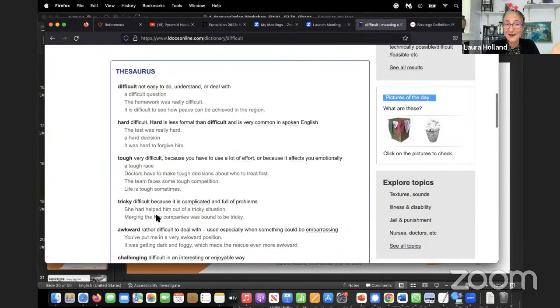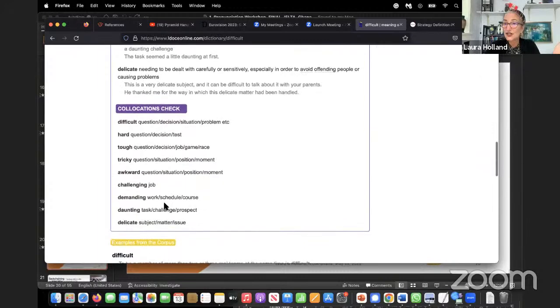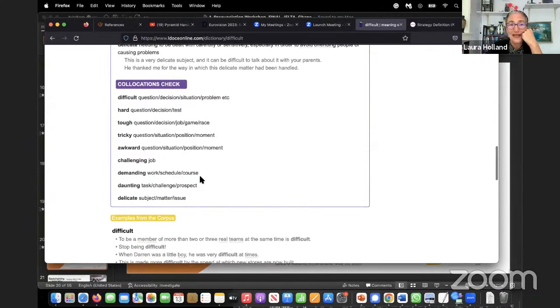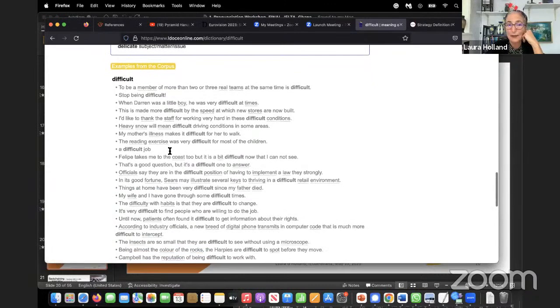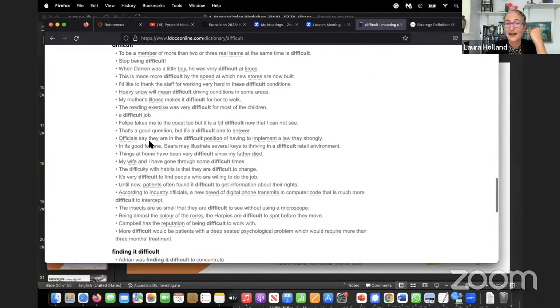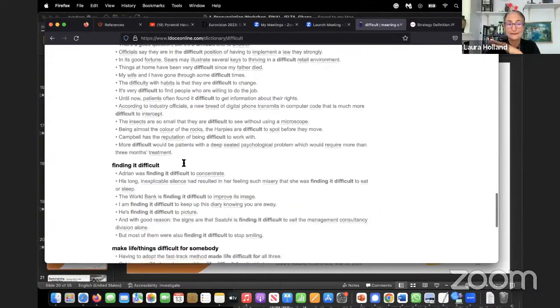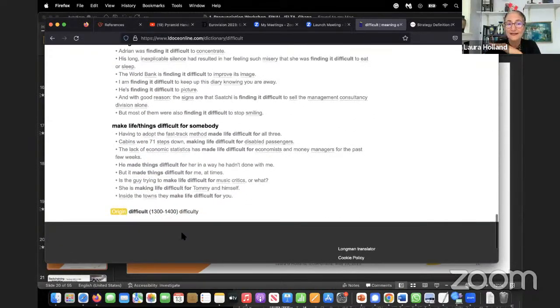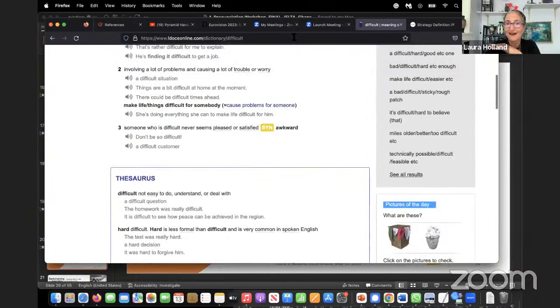Then there's the thesaurus to work with. I see this page and my ideas start popping to use with my students. Then there's collocations checks, and then examples from the corpus. So these are examples that are found out in the world. And look how many different possibilities there are to check out.